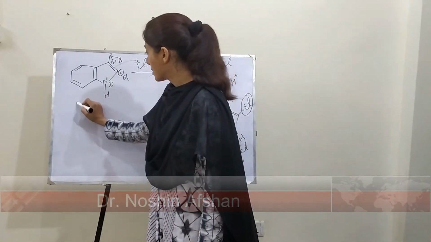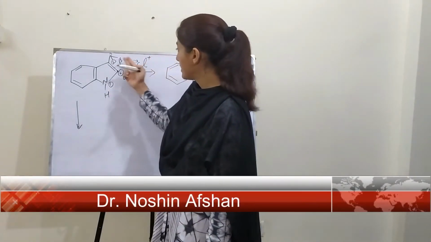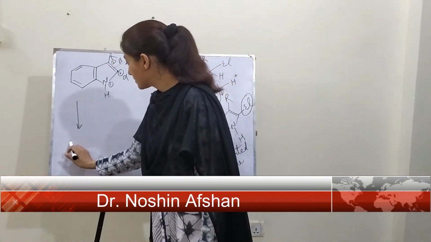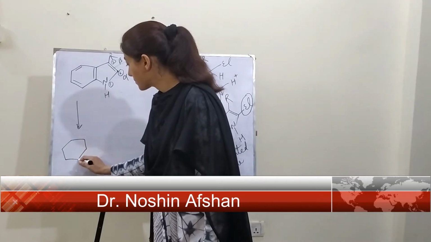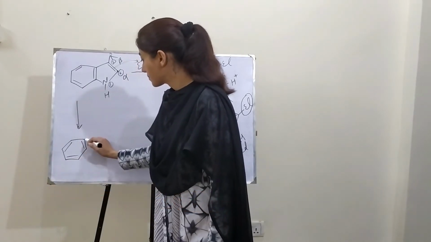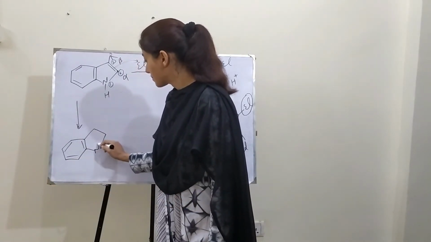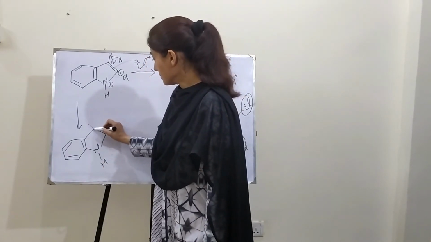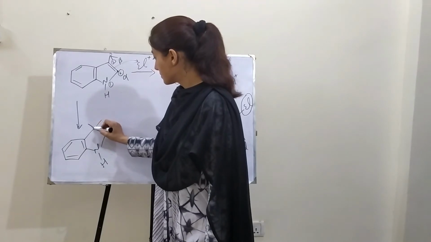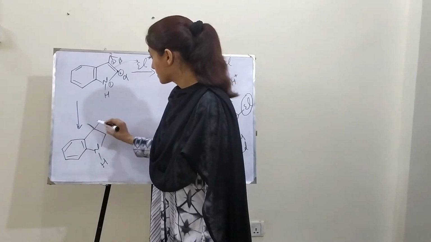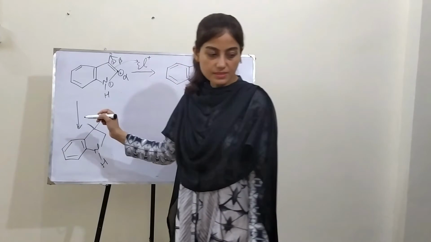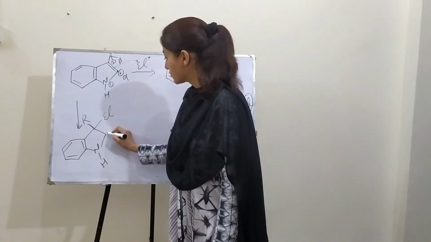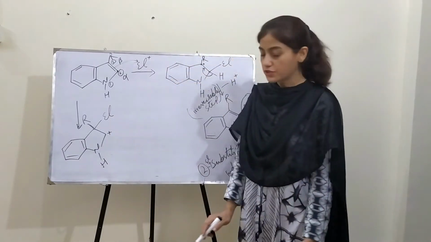Then if electrophile attacks at 3 position, then what would happen? Here this is an alkyl group R, this is electrophile and here it is positive charge.